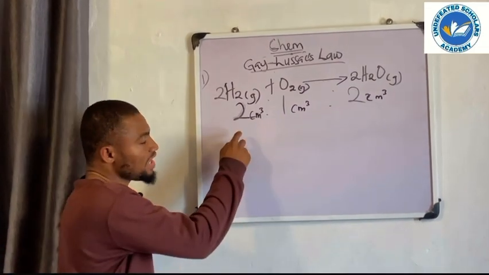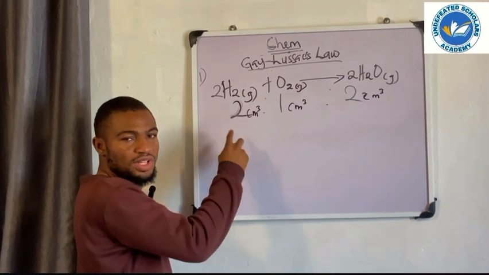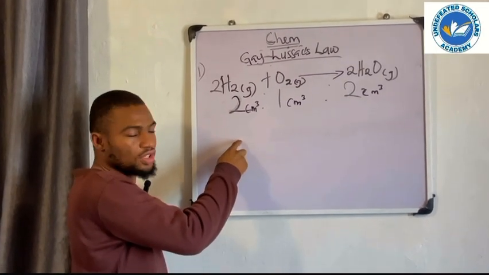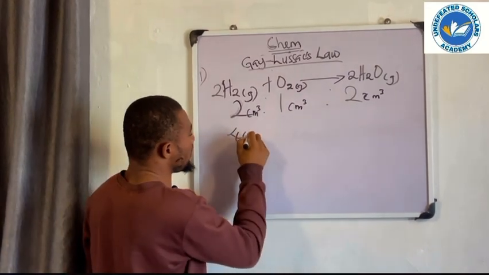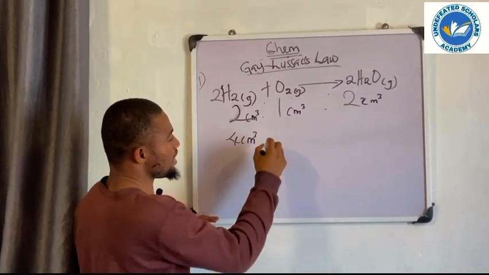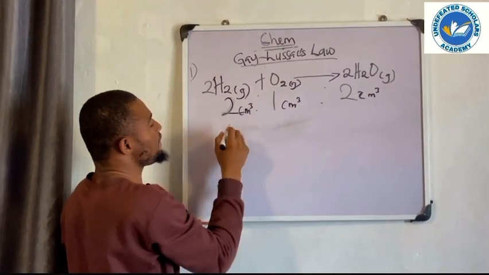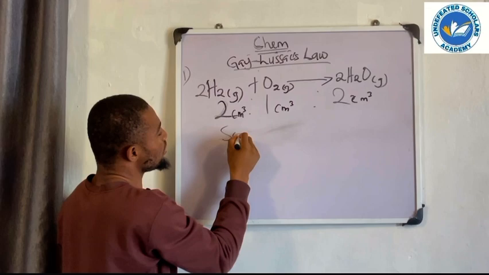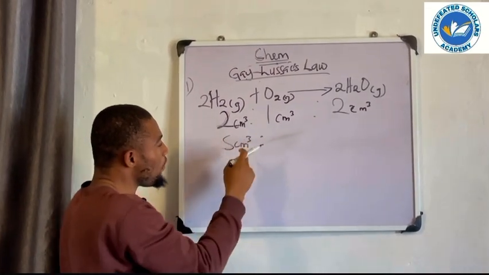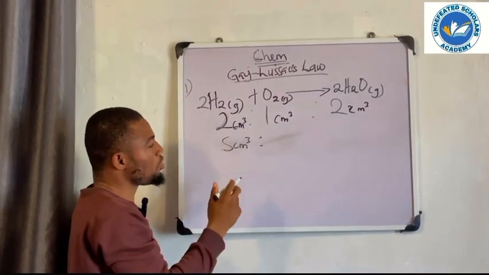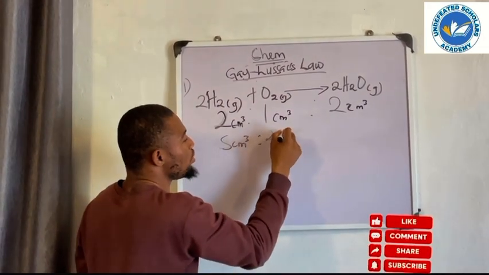Let's say this is 4 cm³ here. How many cm³ of oxygen do you think will react with that 4 cm³ of hydrogen? It is 2 cm³. I'm trying to explain the concept. If there's 5 cm³ of hydrogen, the volume of oxygen that will react with this 5 cm³ of hydrogen is 2.5 cm³.